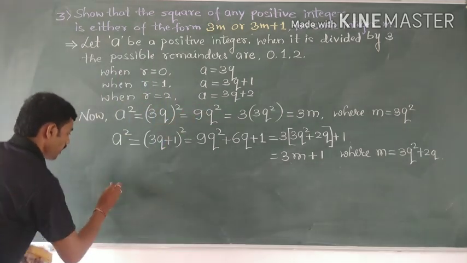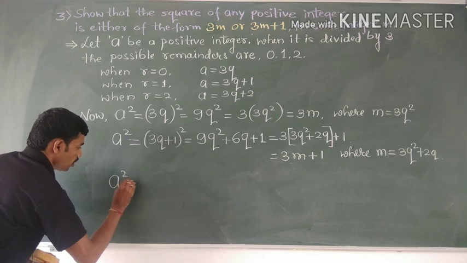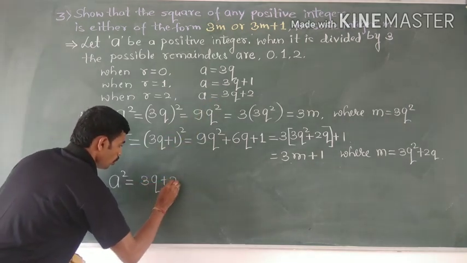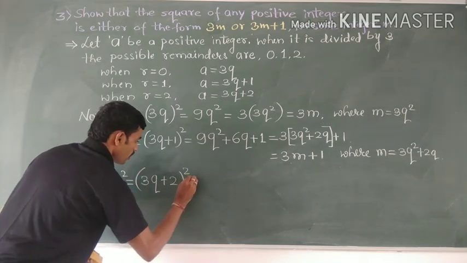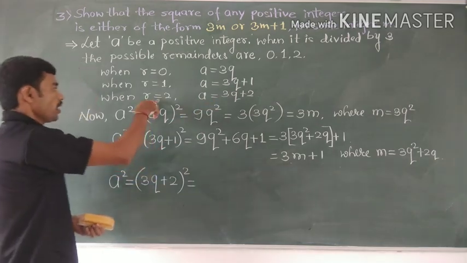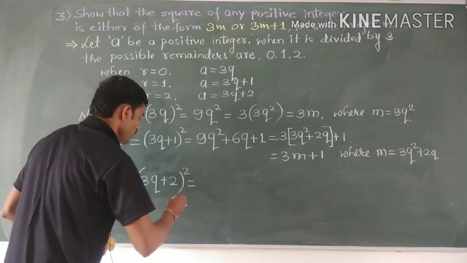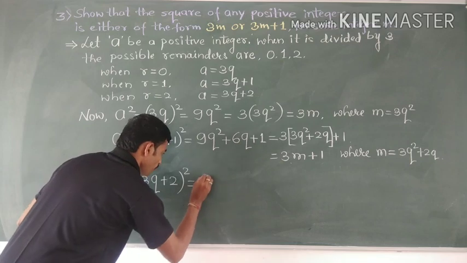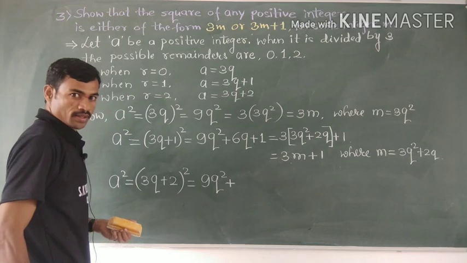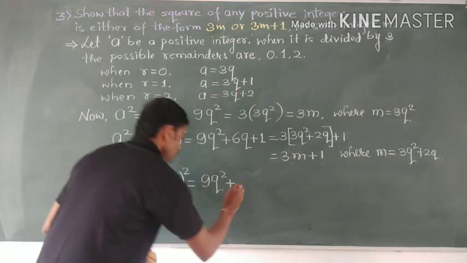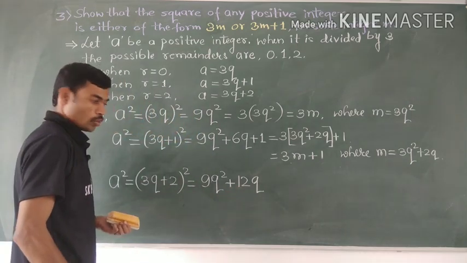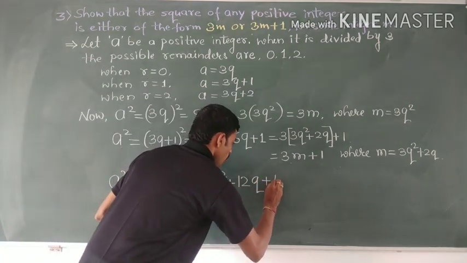And last we have to take a square is equal to 3q plus 2 whole square. That is the third term, when remainder is 2. Then this will become 9q square plus 12q plus 4.